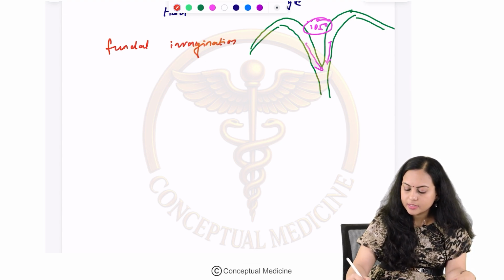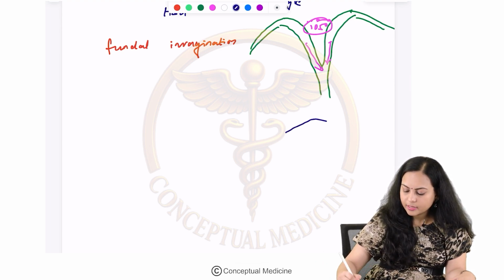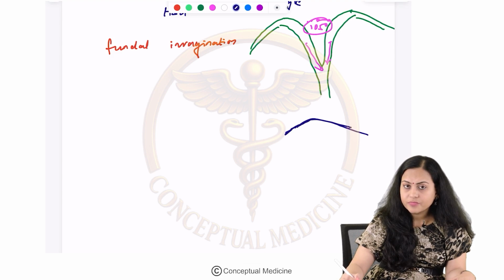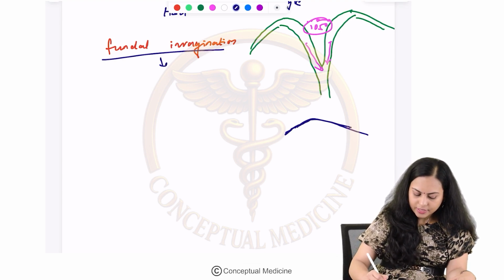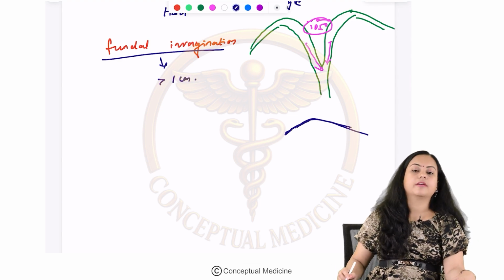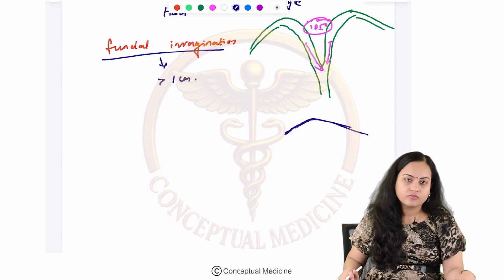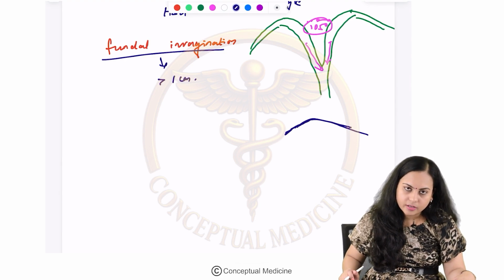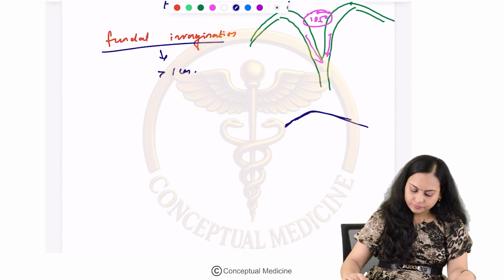You are able to see that normally how our fundus comes in a uterus, normally it will be like this. Okay. So, there is some elevation in the fundal region normally, right? But here there is no elevation, it is going for invagination, right? And this invagination will be more than 1 centimeter, especially when you see it in a 3D ultrasonogram or an MRI. Clear? Right.